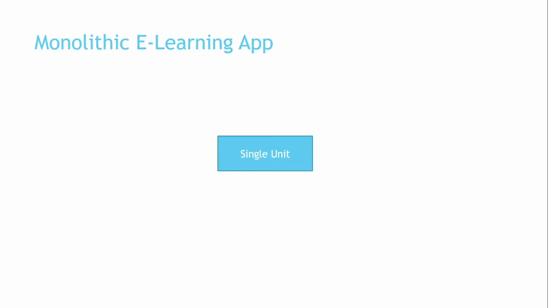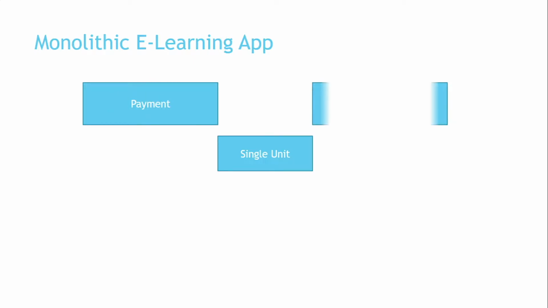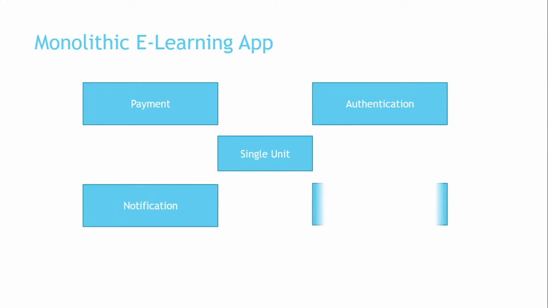Let's understand with an example as well. There is an e-learning app, which is a single unit, a monolithic application, in which you have a payment service, for example. Then there is authentication, notification, and your UI.